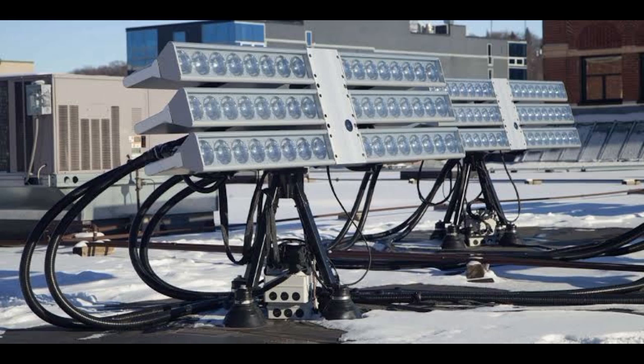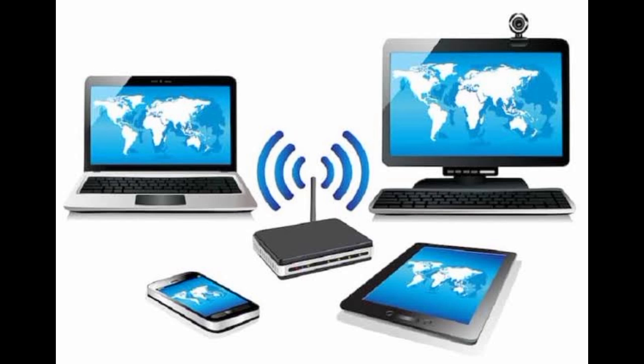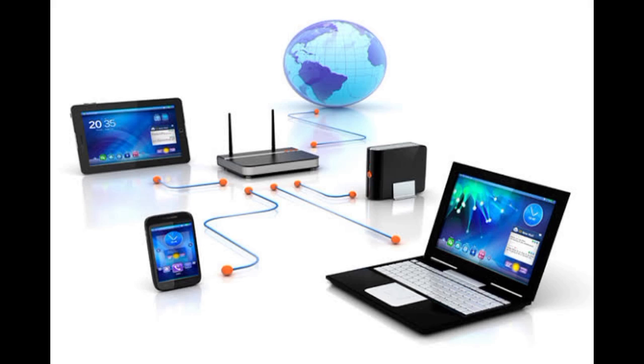Another type of transmission media that networks make use of is wireless media. Wireless media can be defined as a means of communication in which data and information are transmitted from one place to another wirelessly, without any use of an electrical conductor as a medium.